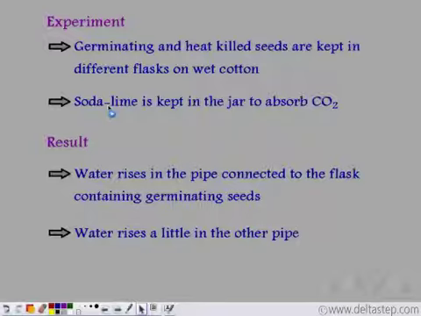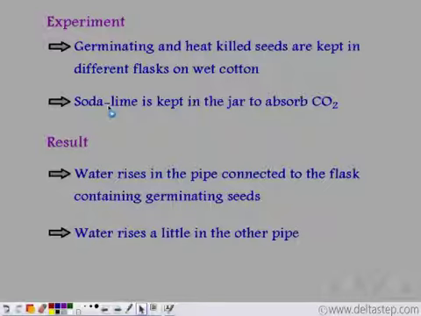Now, in flask A that has germinating seeds, the germinating seeds will respire, that is, they will take up the oxygen in the air. So if it takes up the oxygen in the air, pressure will further decrease. Now to make up for this decrease in pressure, the water rises in the pipe in this flask.